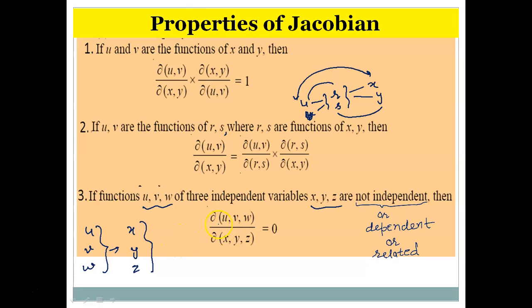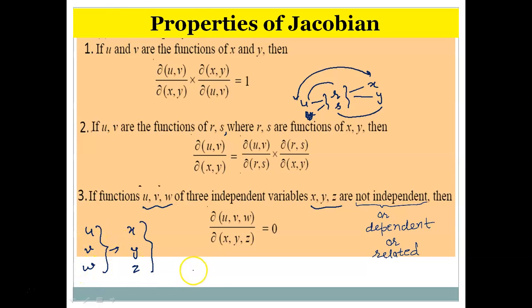If in this situation this Jacobian comes out to be 0, then you say that these u, v, w are dependent, or you can say they are related. That means there must be a relationship among these three variables or these three functions. So whenever you have the value of Jacobian equal to 0, then you can say that these u, v, w are dependent, or related.